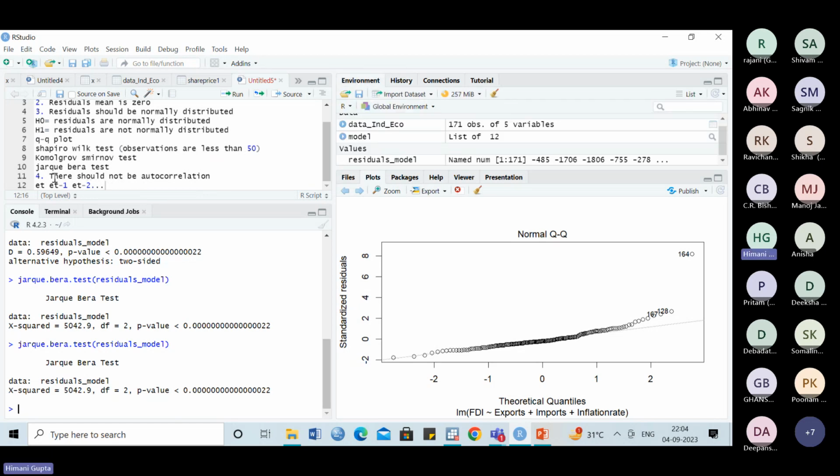Now, there should not be autocorrelation. That means your error term should not be related with its past, and whenever I say past, I mean your lag values.